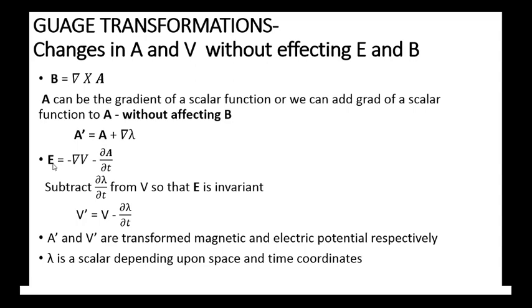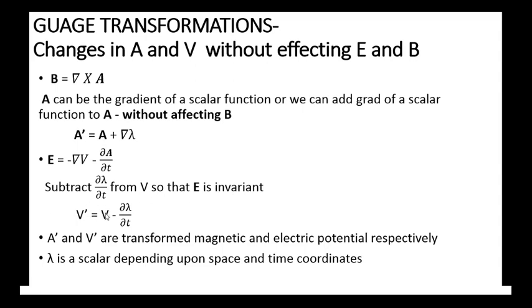Similarly, we can have a change in scalar potential also. See, we have the expression E is equal to minus del V minus dou A by dou T. We are subtracting dou lambda by dou T from V so that E is invariant.